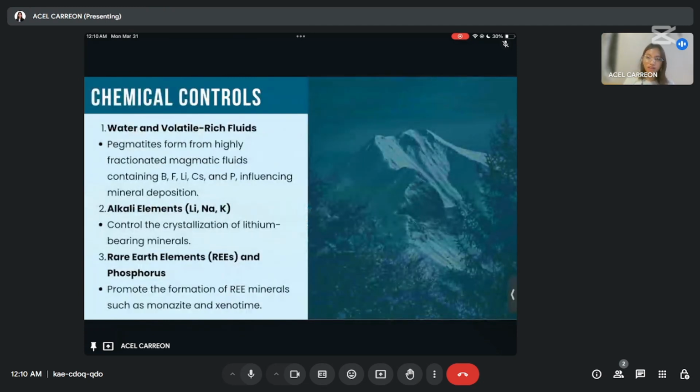The chemical controls include water and volatile-rich fluids, where pegmatites form from highly fractionated magmatic fluids containing such minerals influencing mineral deposition. Next are the alkali elements that control the crystallization of lithium-bearing minerals, and the rare earth elements, or REEs, and phosphorus that promote the formation of REE minerals such as monazite and xenotime.